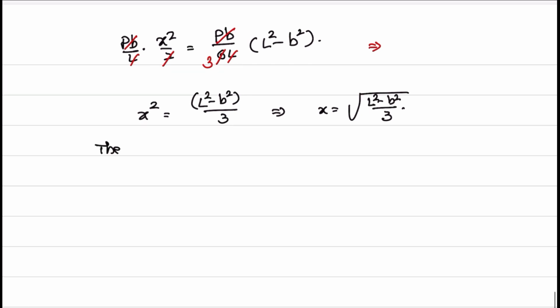The question can come in the examination either in GATE or SSC JE asking for the position of the maximum deflection.